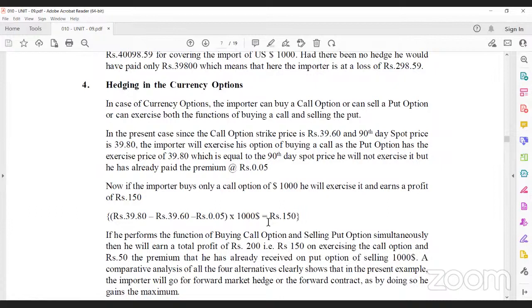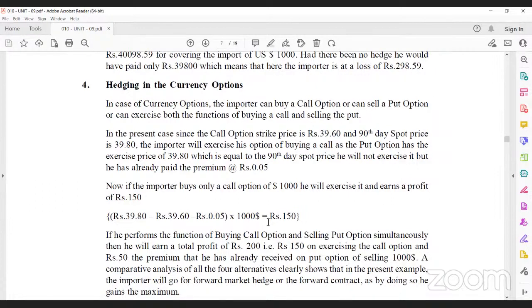Now, if the importer is buying only a call option for $1,000, he will exercise it and earn a profit of rupees 150. Here you can see the calculation: 39.80 minus 39.60 minus the premium of 0.05 into $1,000, simplified to rupees 150.